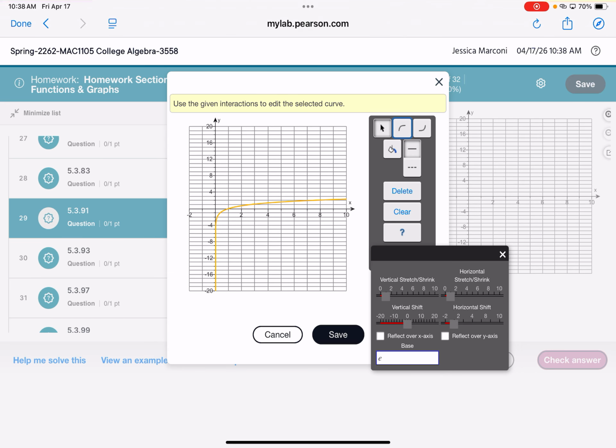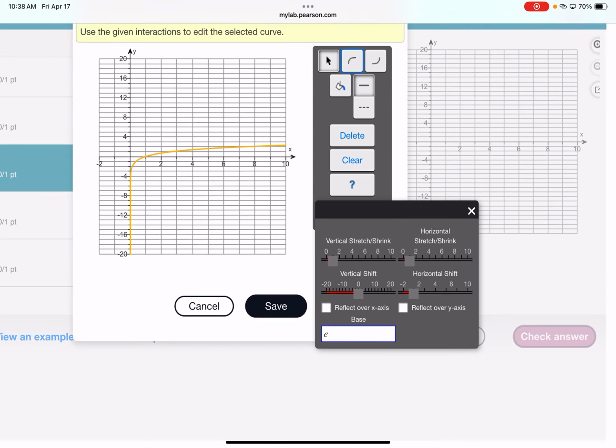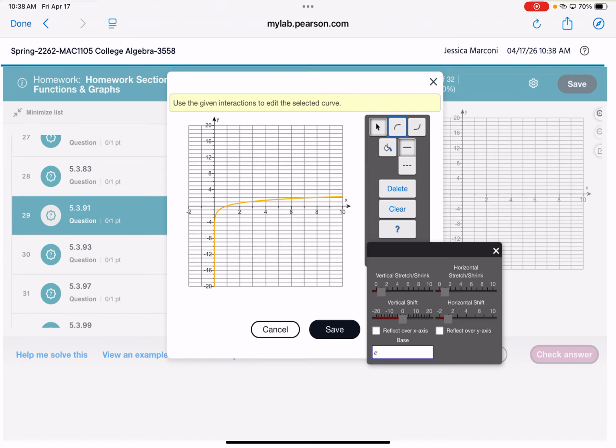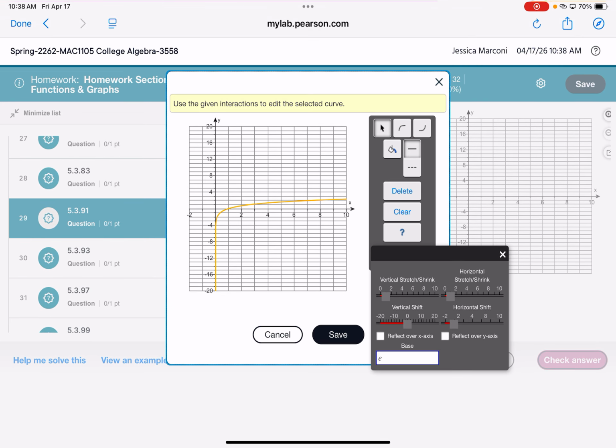So I will do the reflection. You can see here that the base is already e down in that little box, so you don't need to change that. And it's not letting me move this, that's why. Oh. Yeah, it's not letting me move it because it's on my iPad.